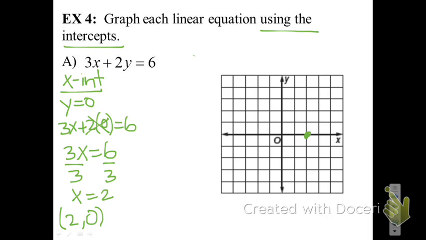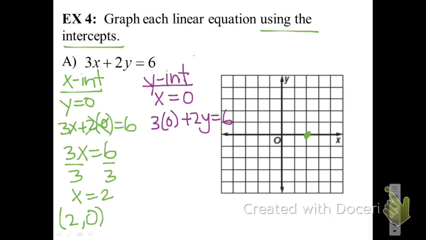Now, we need 2 points to graph a line, so we're going to still have to go back and do some work and find the y-intercept. The y-intercept is the opposite. This is when x equals 0. So we go into that same equation, replace the x with 0, and solve it for y.